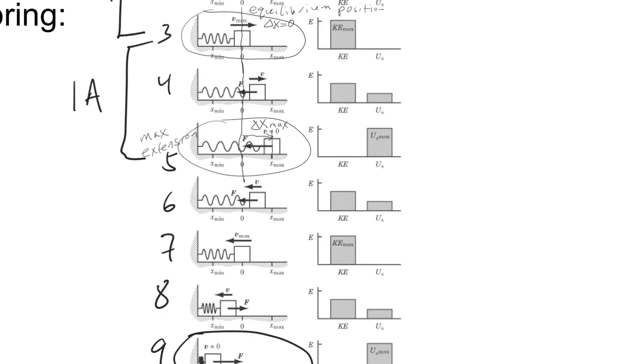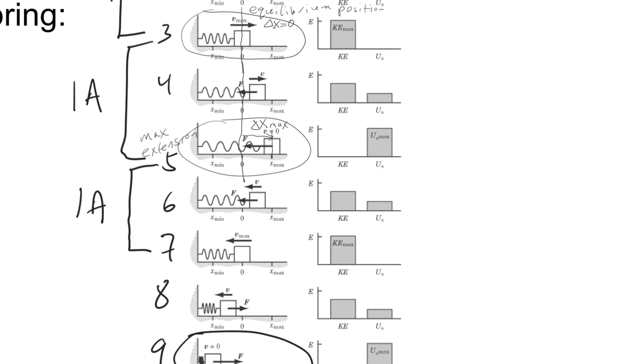Amplitude is the maximum displacement, right? And going from 5 back to the equilibrium position is yet another amplitude.